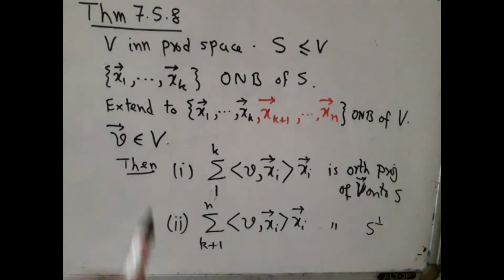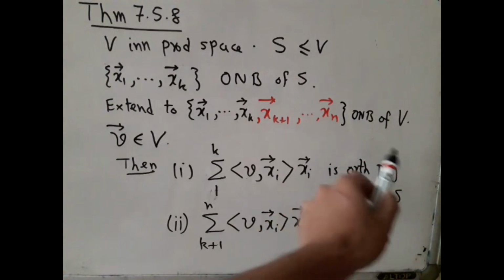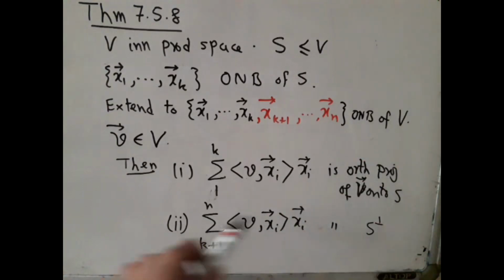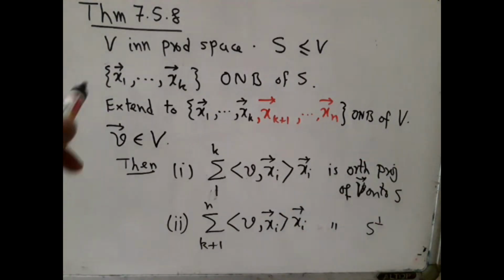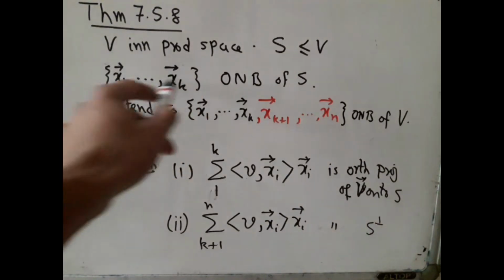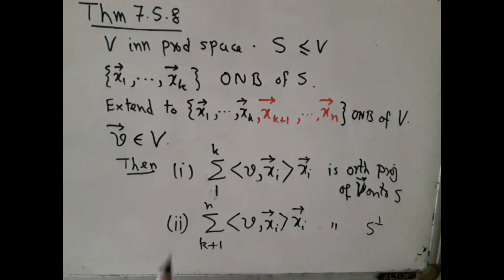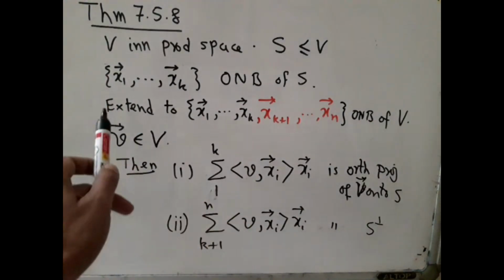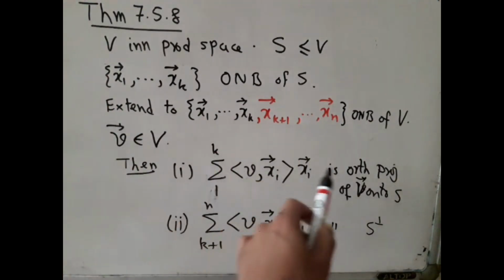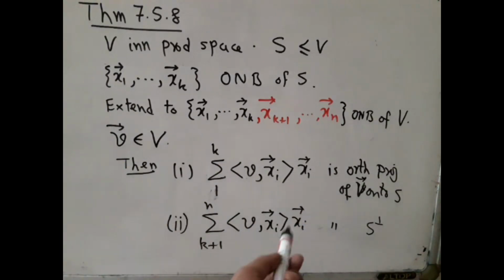Now observe that if you are interested in only the orthogonal projection of V onto S and not on this, then you can merely leave it at this. You can avoid this extension part and you can define this as V minus whatever you have projected onto S. That must be the perpendicular thing, and that is how the theorem has been stated in the book.